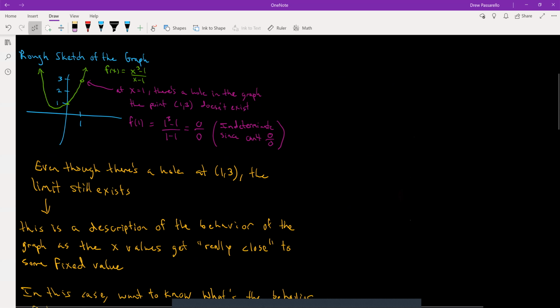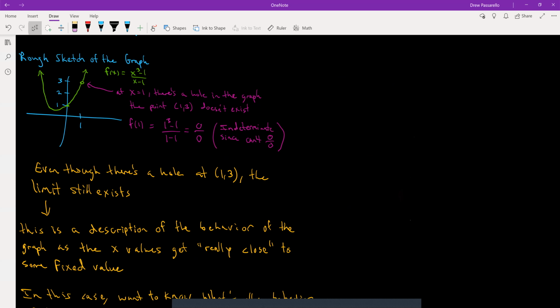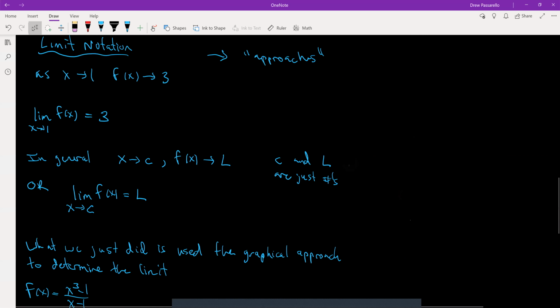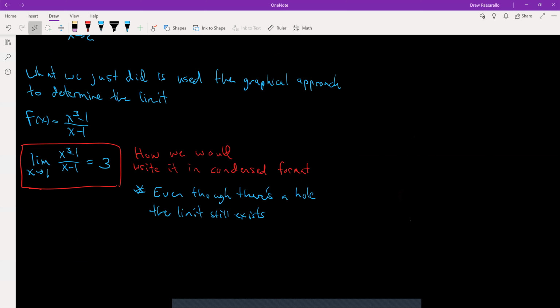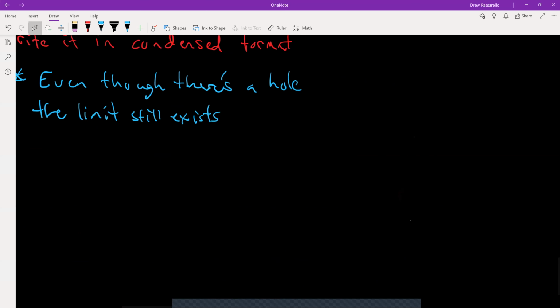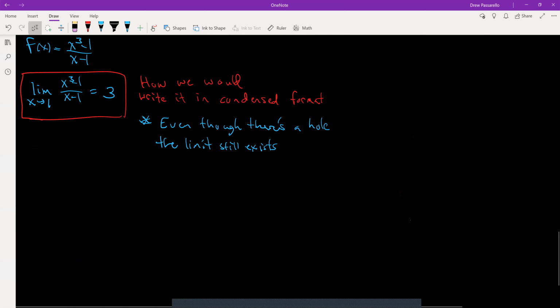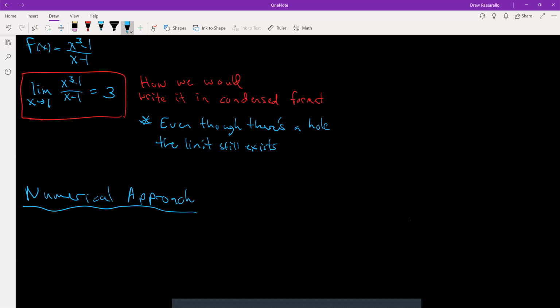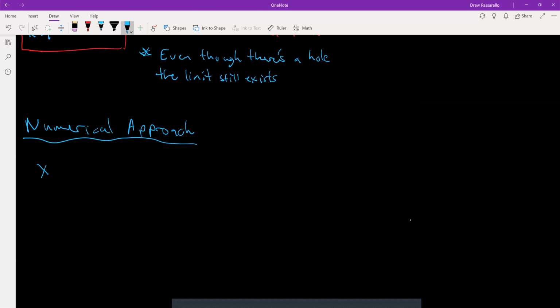All right, and I'm going to keep going with this same function, same limit, but we know from the graphical approach, we got it to be 3 for the limit. Now the numerical approach is just another way of getting to the answer. You just make a table, and one column is x and the other is f of x, and then you plug in values into the function and just see what the y coordinates are after you plug it in.